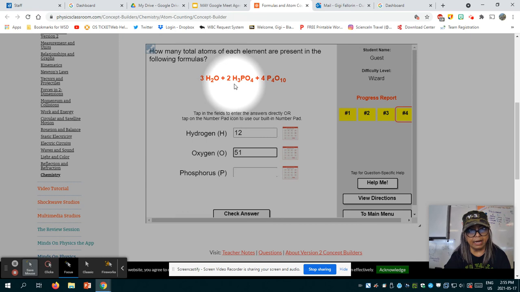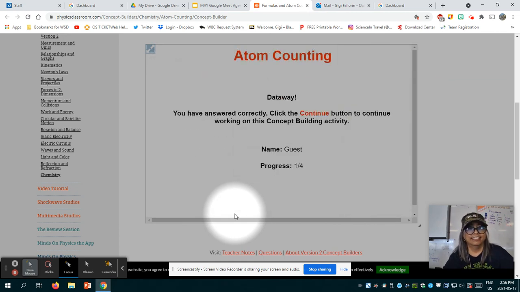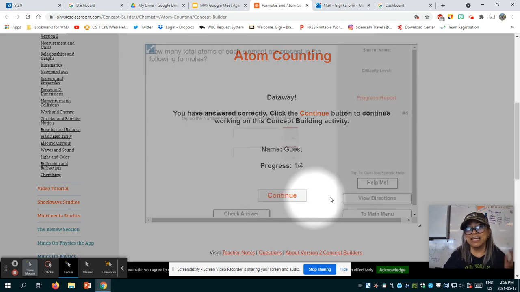No. How about the P here? Yes, for sure. Now, how many P? I can see there are 2 times 1, so that's a 2, right? 2. How about the phosphorus here? 4 times 4, 16 plus 16. You have 18. So let's see what happens. Check your answer. Wow, we have answered correctly. Okay, and then you can continue.